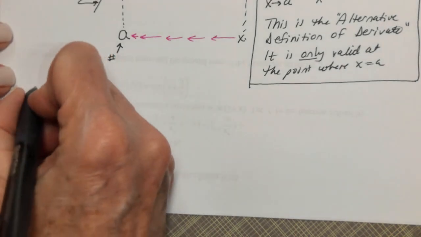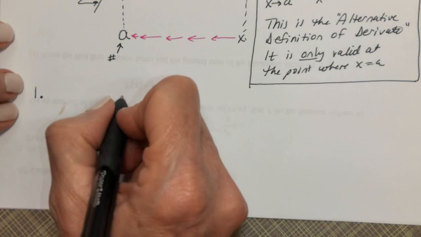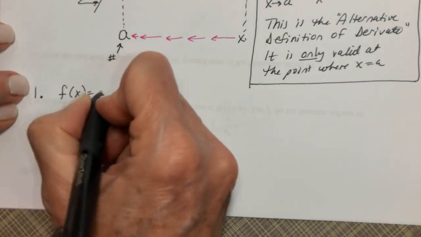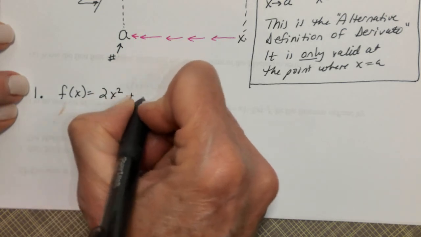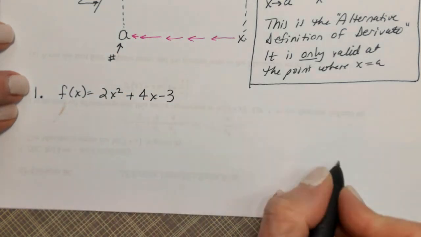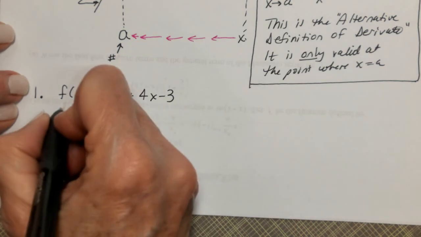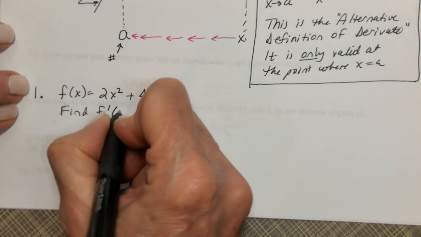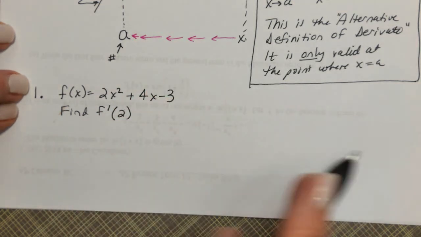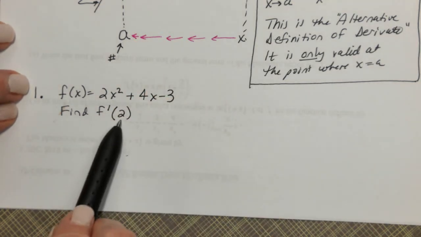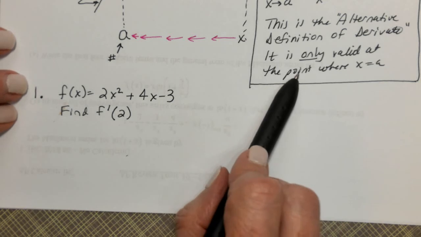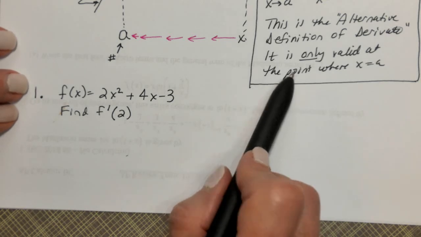An example for the alternative definition of derivative. Let's say that I give you that f of x is equal to 2x squared plus 4x minus 3. And the directions say to find f prime right at 2. If I'm not asked to find f prime of x, I'm only asked to find f prime of 2, I would use my alternative form of the definition of derivative.